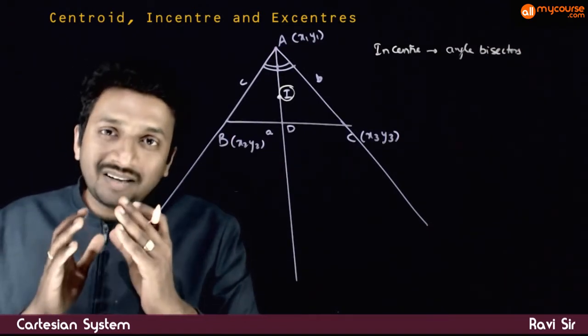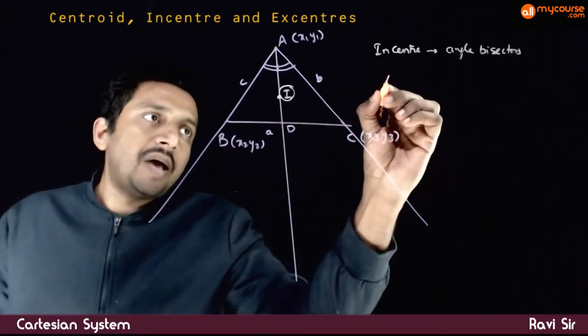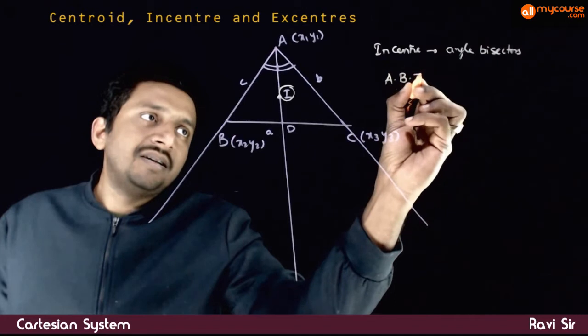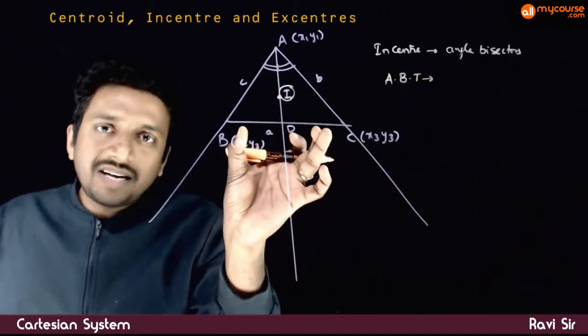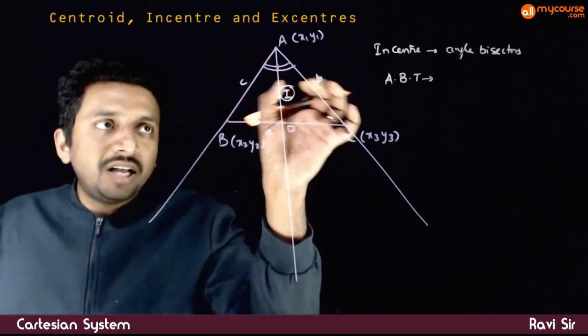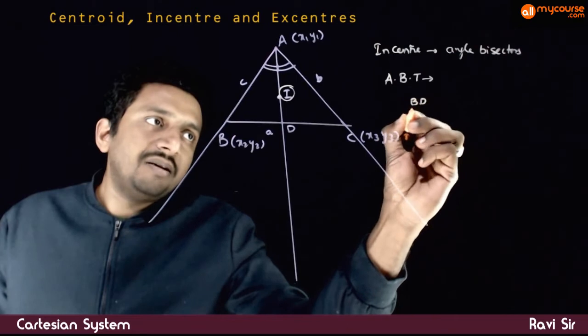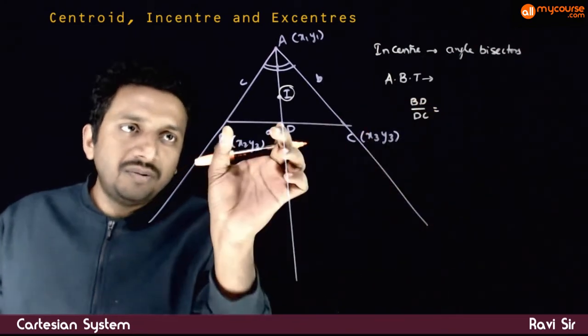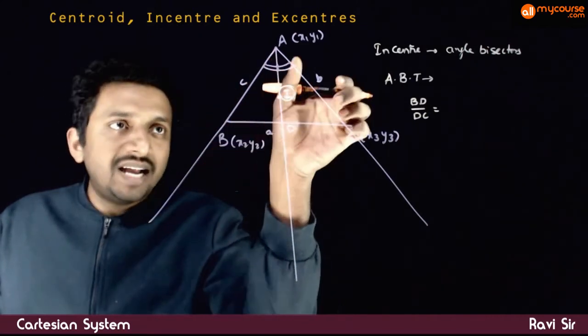So the first ratio comes from angle bisector theorem. So angle bisector theorem states that an angle bisector divides the opposite side in the ratio of adjacent sides. It is BD by DC is equal to this ratio. This length is to this length is equal to this side is to this side.